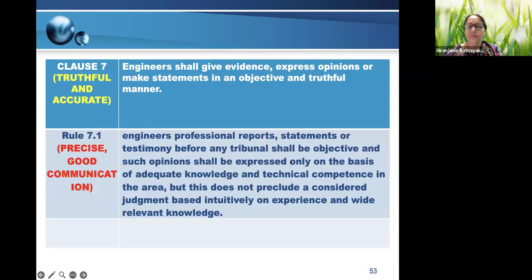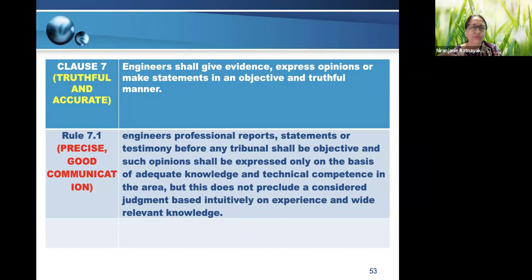Engineers' professional reports, statements, or testimony before any tribunal shall be objective, and such opinions shall be expressed only on the basis of adequate knowledge and technical competence in the area. But this does not preclude a considered judgment based intuitively on experience and wide relevant knowledge. Right. So sometimes you may not have the time to do all the tests and then come out with an interpretation.